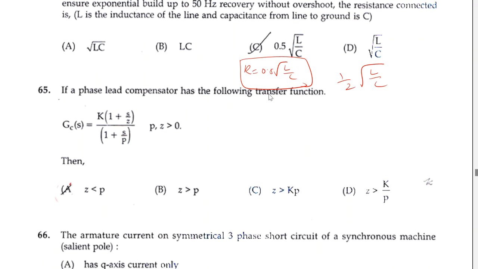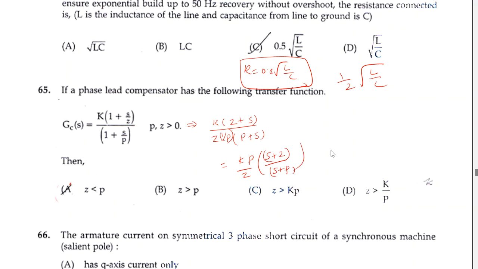A phase lead compensator has the following transfer function. First of all, convert the given transfer function into its normal form, that is K times (S plus Z) divided by (S plus P).